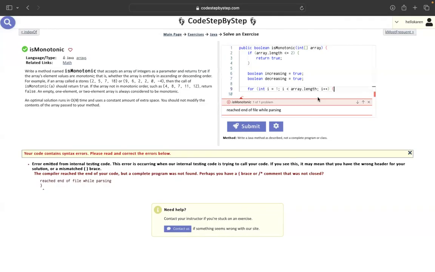So would I need to make two different if statements to determine whether it's increasing or decreasing? But how would you do that, inside the for loop?